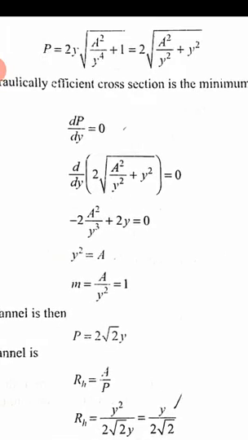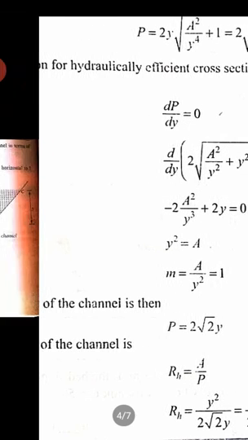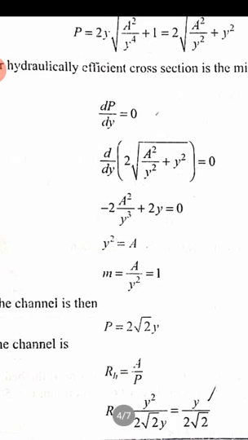When you differentiate with respect to y, you will get m equal to 1. Again the perimeter you will get in terms of y, and the hydraulic radius also in terms of y. I hope you understood this derivation. Please practice these derivations and try to understand. These are very important from the examination point of view. Thank you.